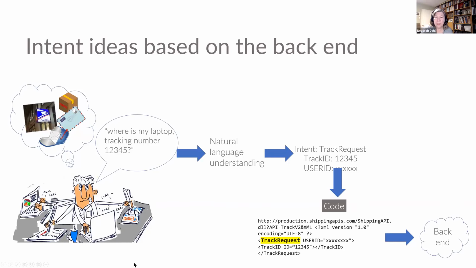And then there's an actual, this is a real API call, and you see that there's a track request in there, user ID, and a tracking ID that the designers of the back end, or whatever database or whatever implements that, have already decided that there should be something called a track request with a couple of parameters, which look a lot like an intent and a couple of entities that you could use in your application.